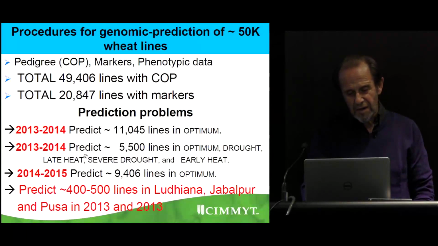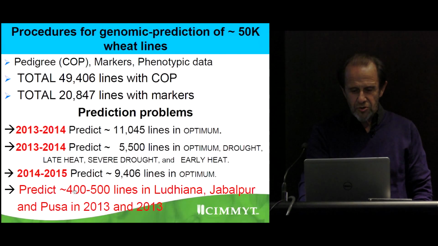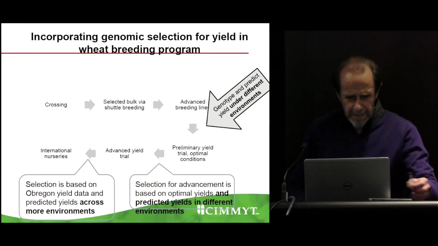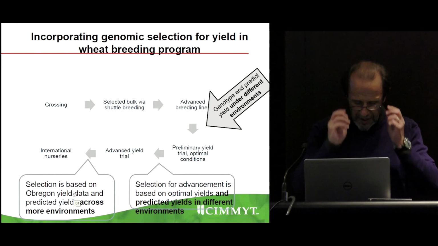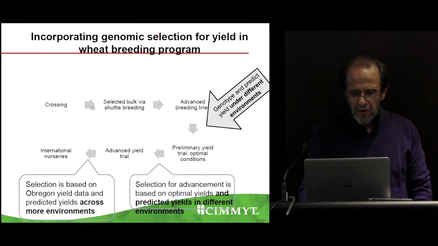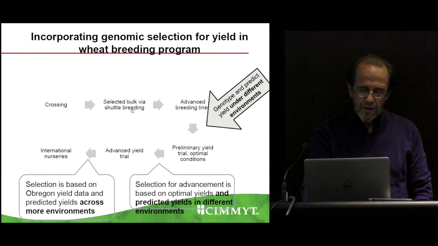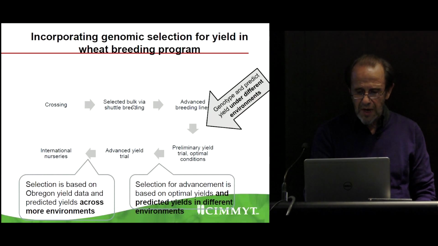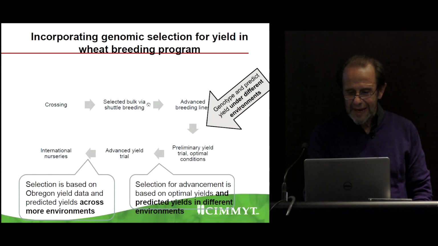And in Ludhiana, Jabalpur and Pusa, in 2 years, there were about 500 lines. This slide from Jessica is more or less the breeding program in CIMMYT. You have the cross, you have the selected bulk via shuttle breeding, Obregon and Toluca El Batan. You have advanced breeding lines, you genotype and predict yield under different environments.